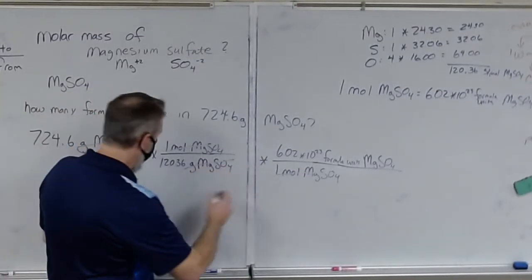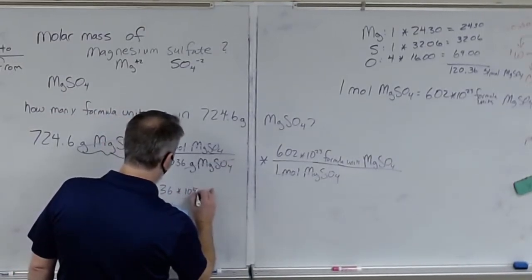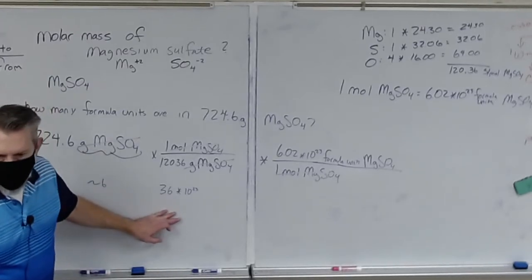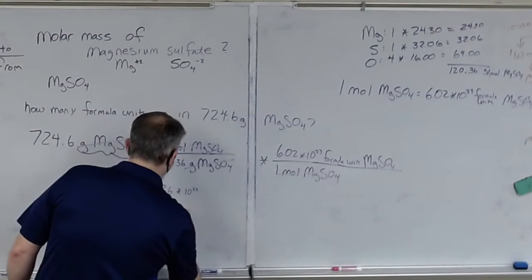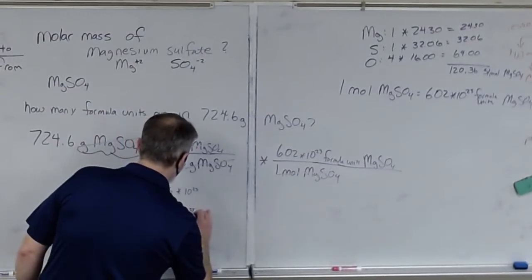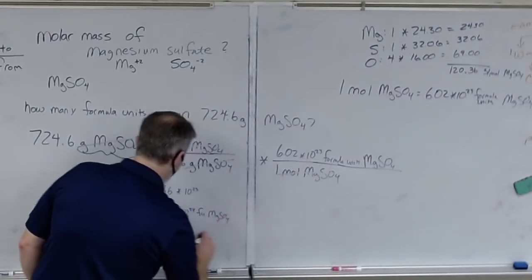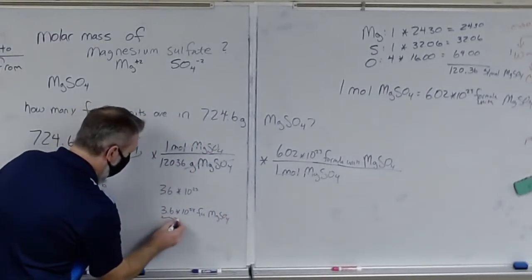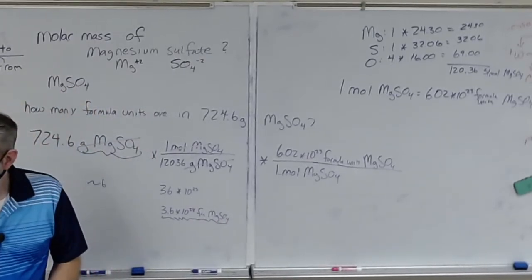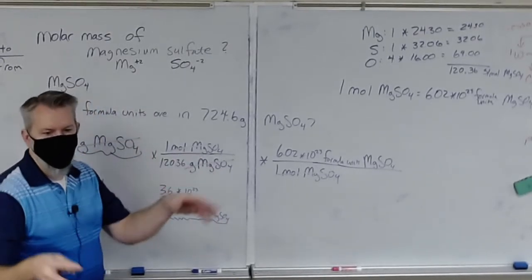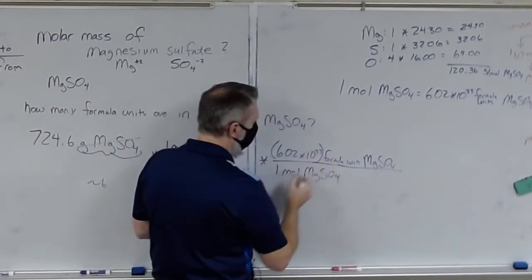And 36 times 10 to the 23rd, I can make that back into scientific notation by making it what? 3.6 times 10 to the 24th. All right, that's my ballpark answer. When I do my punchy, I should expect an answer somewhere close to that. Maybe not exactly, but somewhere close.